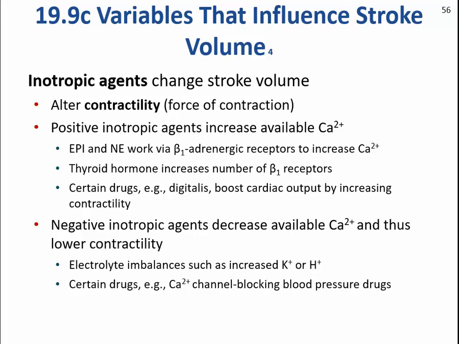Contractility refers to the force of contraction from everything except preload. So this would be thyroid hormones, epinephrine, all kinds of things like that. Negatively would be different drugs and ionic balances, etc.